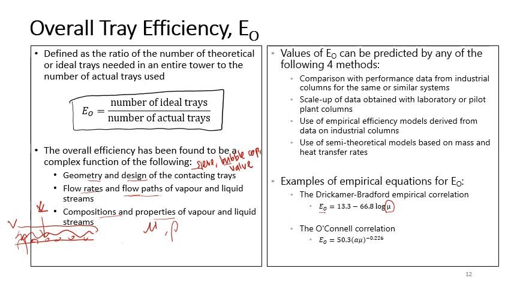The O'Connell correlation, for example, you need to know the alpha, relative volatility, and also the viscosity of the liquid. These are all empirical, meaning there's no theoretical basis, but rather you do experiments, you derive a model, then you use it to estimate the efficiency.